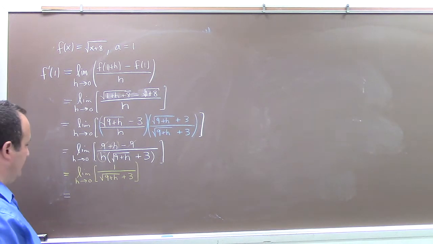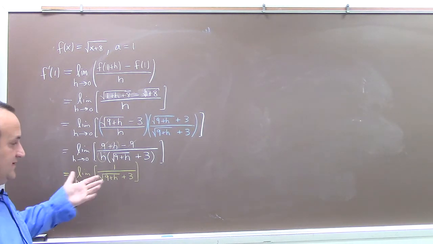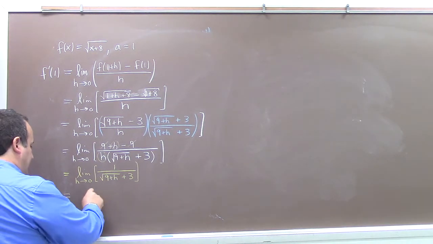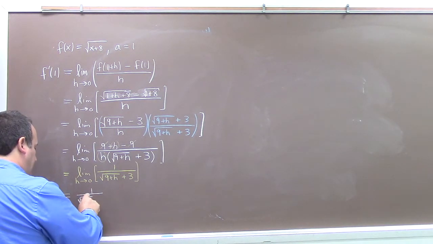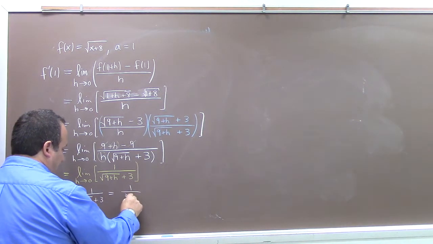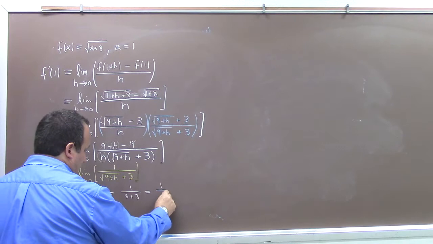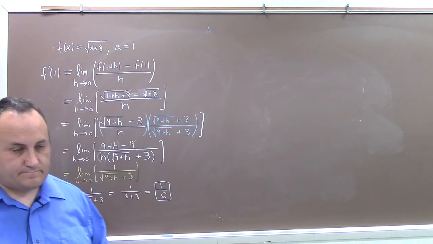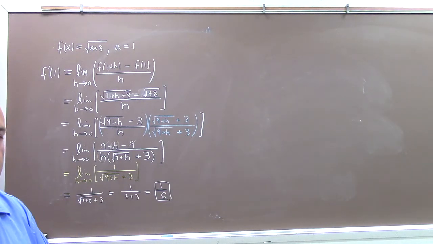Which is what? Now we can just plug it in, right? This is a continuous expression at 0. We can just plug it in. We get 1 over the square root of 9 plus 0 plus 3, also known as 1 over 3 plus 3, also known as 1/6. All right, so this is how we can work out this derivative by hand.